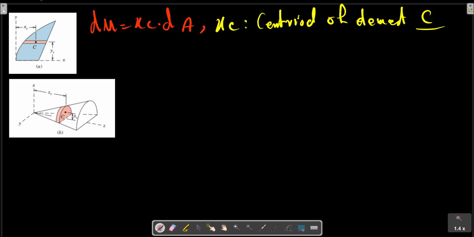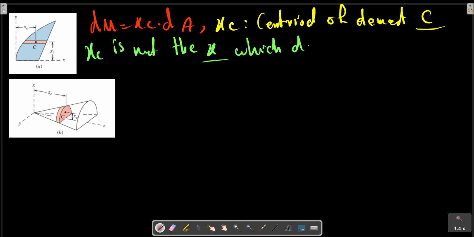Note that xc is not the x which describes either boundary of the area in the y direction.